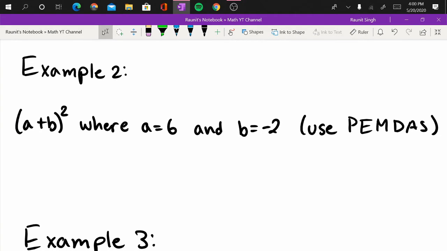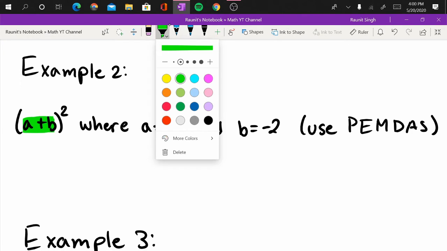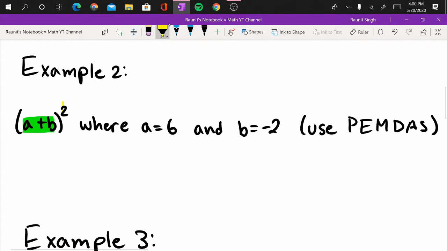First we're going to solve the parentheses, which is a plus b. Then after that, we're going to do the exponent. So a is equal to 6 plus a negative 2, which is b, and then that's going to be squared.